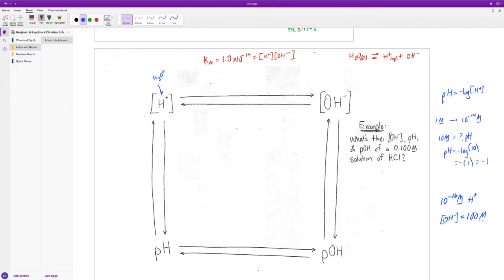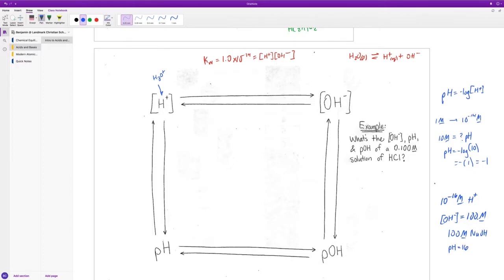I don't know if that's possible for some type of strong base, but that's what it would be in theory. In a situation like 100 molar OH, I don't think that's physically possible. That much NaOH won't dissolve in water. But if it could, then you'd be dealing with something at a pH of 16.